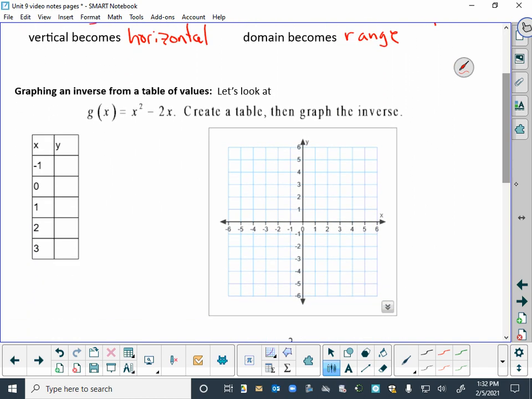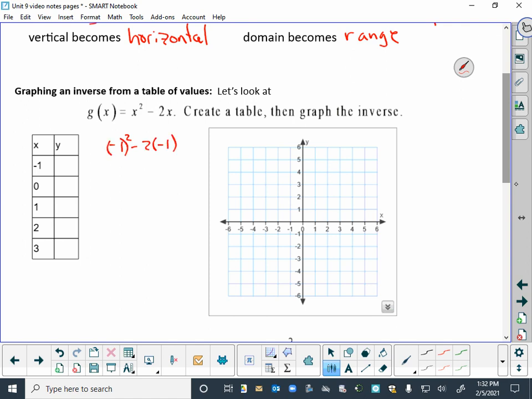So we're going to graph the inverse of x squared minus 2x using a table to help us. In our table here, I've selected just a few values. This is quadratic, so I should have some idea of what the function itself looks like, but let's plug some numbers in. If I put a -1 in, I get (-1) squared minus 2 times -1.